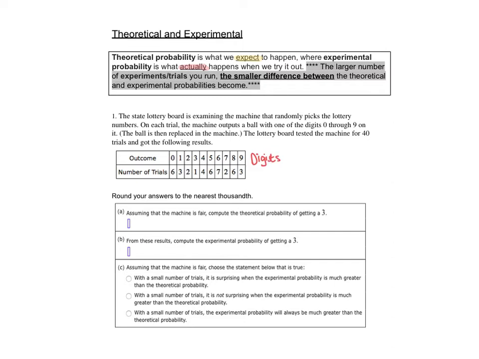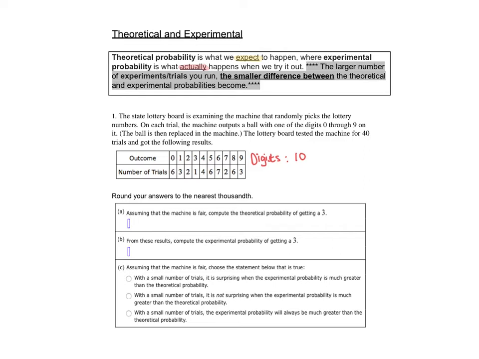And how many are there? 10 of them. Between 0 and 9, there are 10 digits. And when you get one, the ball is replaced in the machine, because this is just verifying whether it's valid or not, okay? So the lottery board tested the machine for 40 trials and got the following results.